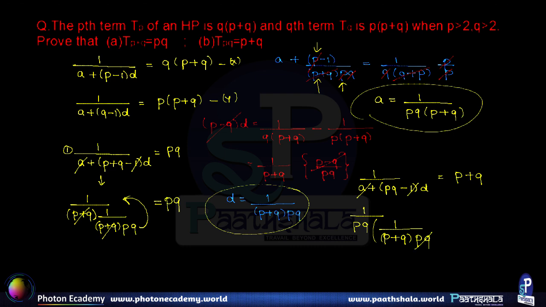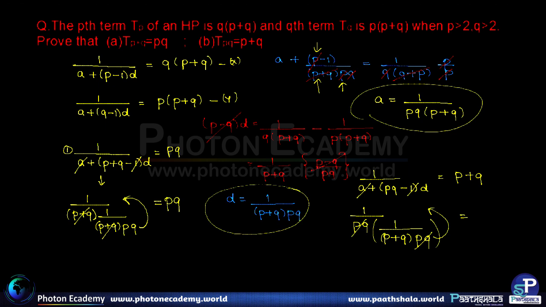So PQ cancels out with PQ and this will go in the numerator. So we are finally getting the answer P plus Q. So there we are done with the proof.